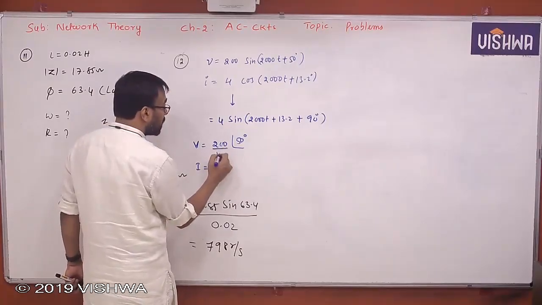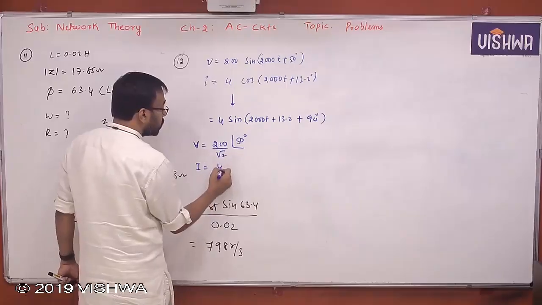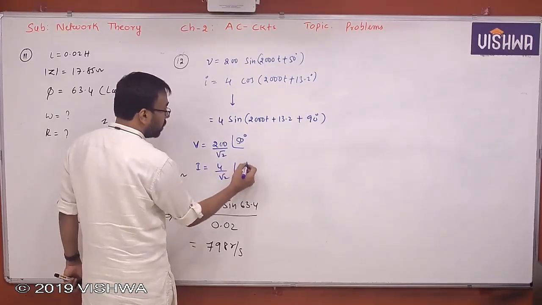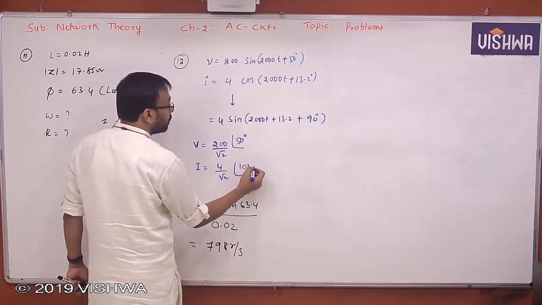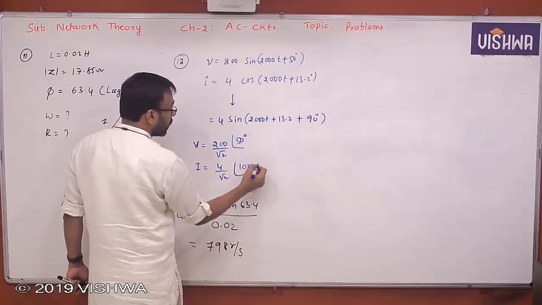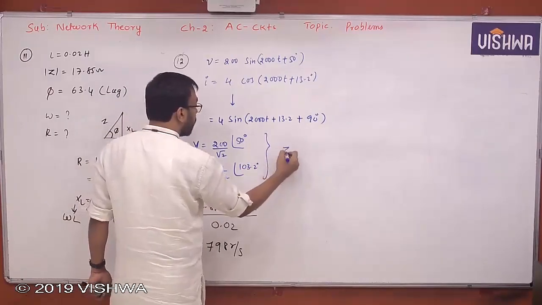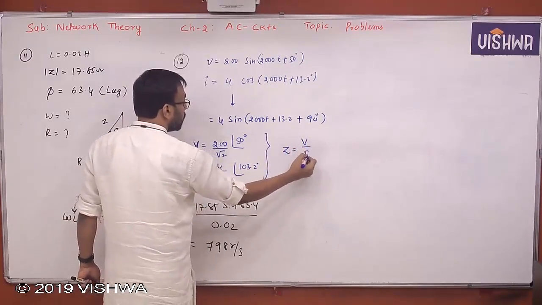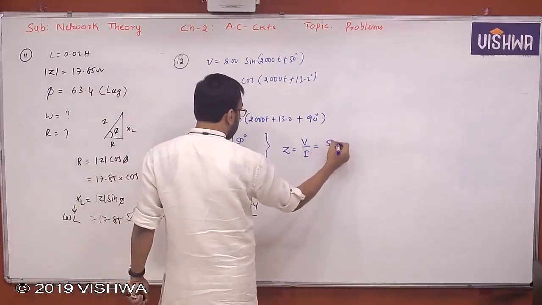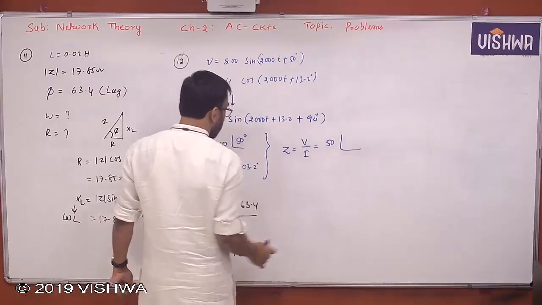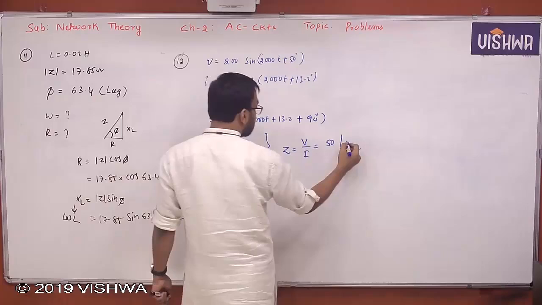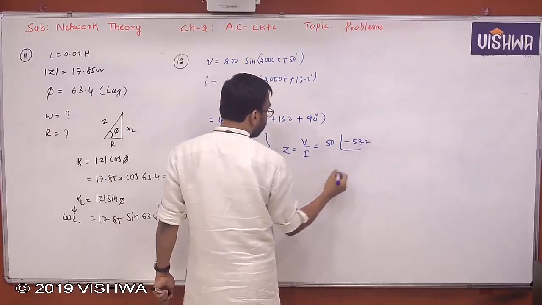If I go for RMS, I must divide by root 2, so 4 by root 2 is the RMS representation. What is this? 103.2 degrees. From this, I can write Z is equal to V by I. What do you get here? 50 at an angle of minus 53.2.